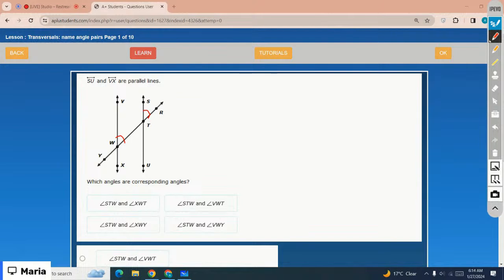Okay, let's just see. STW and XWT. No, they are not corresponding angles. Okay.